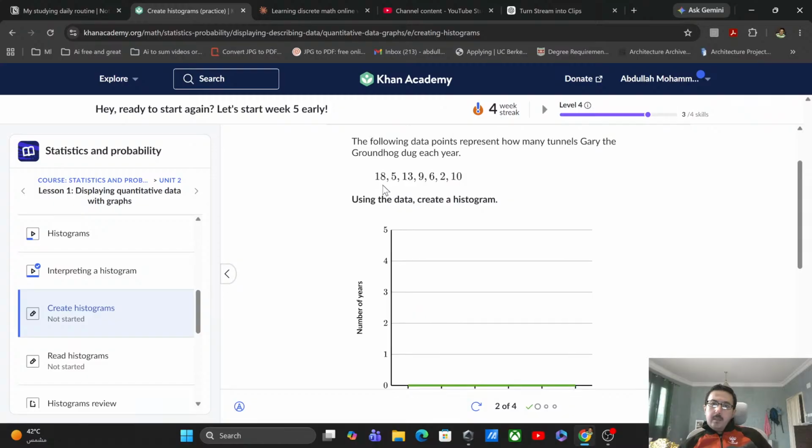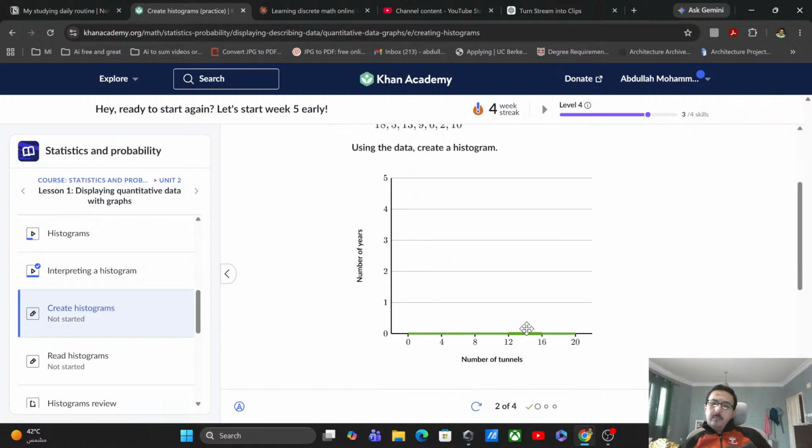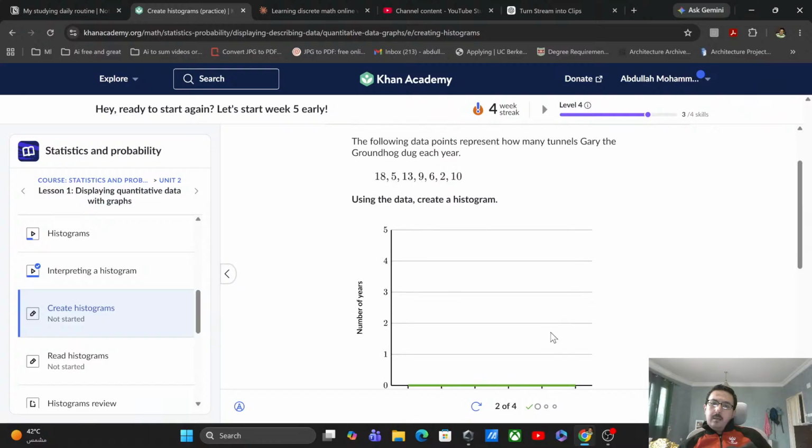So each year, 18, the points represent how many tunnels the groundhog digs each year. 13, 5, 13, 9, 6, 2, 10. 1, 2, 3, 4, 6, 7.